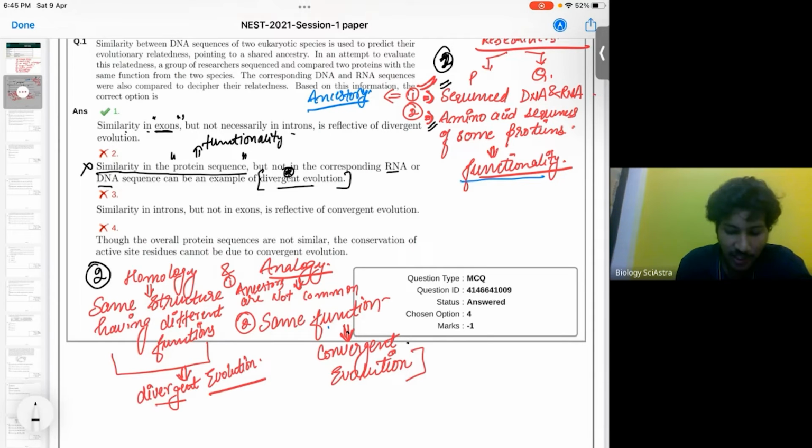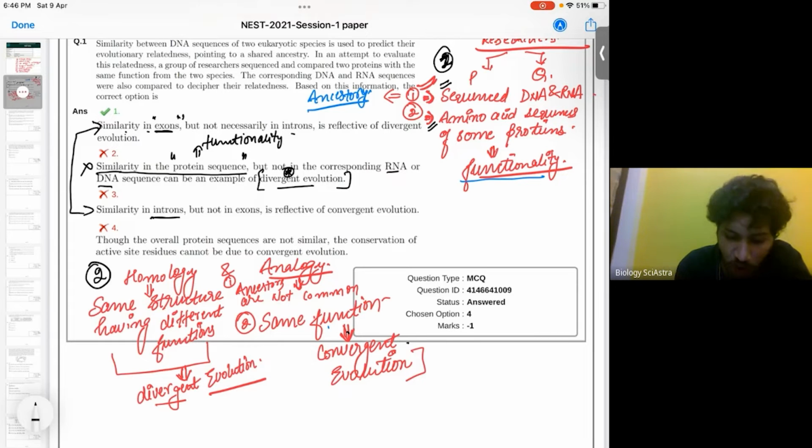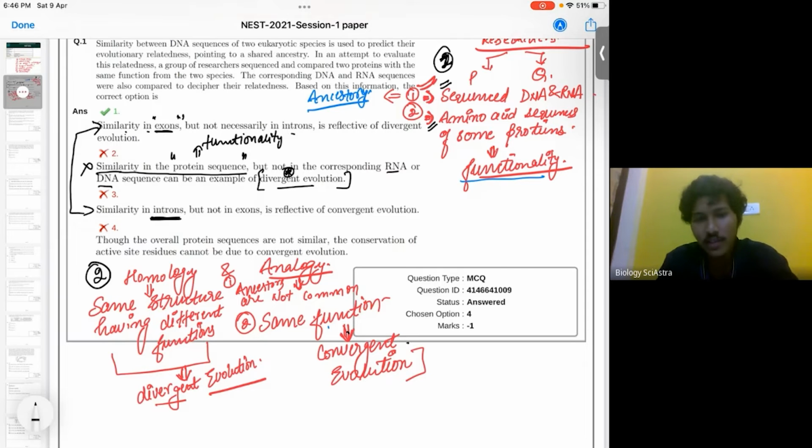Now the third statement is saying that similarity in introns but not exons is reflective of convergent evolution. So the first and third statements are what? They are antagonistic to each other. Okay? So introns are actually non-coding sequences of DNA. So we have no concern with non-coding sequences. We are concerned about the coding sequences.